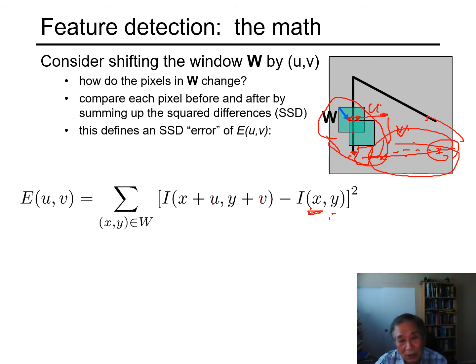So what kind of change do we have in this window when we are changing from this window to the next window? That is then our value will be x plus u, that's the location, and y plus v, that's the location, and then we have x and y. So x and y will keep changing within a window, and we have an x amount of pixels and a y amount of pixels.